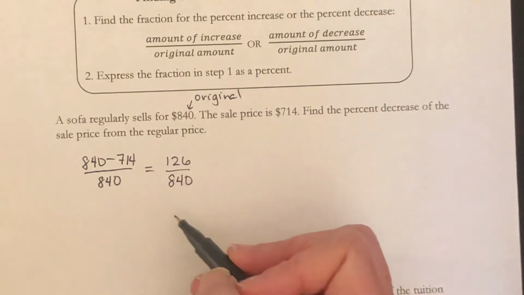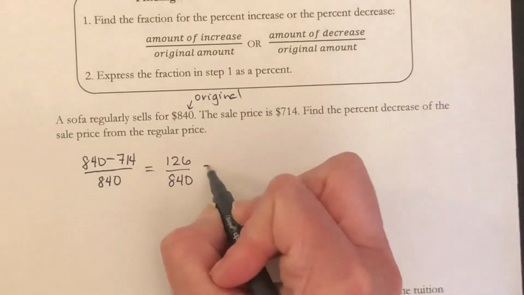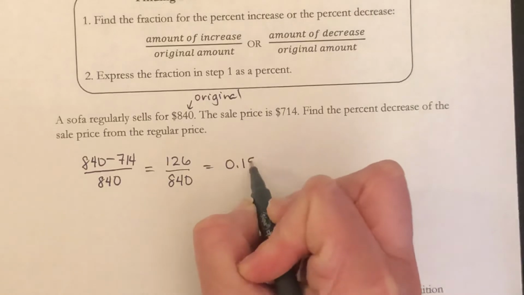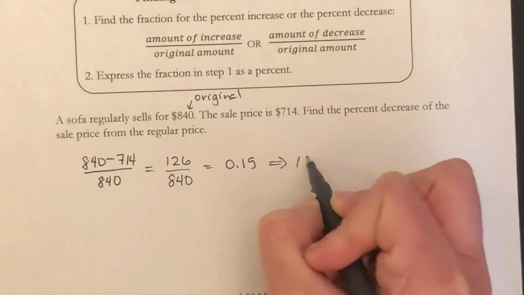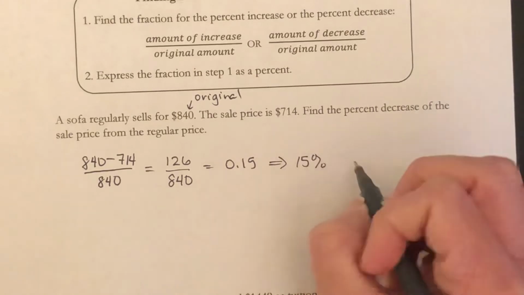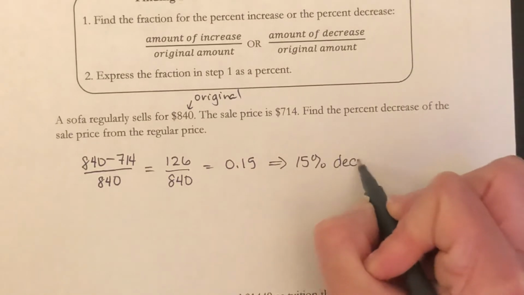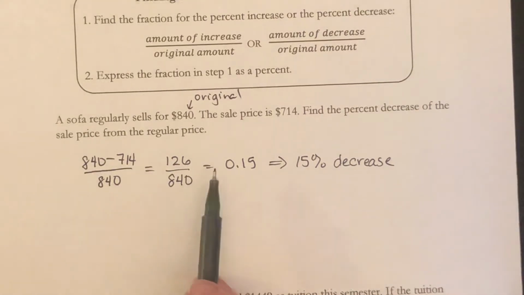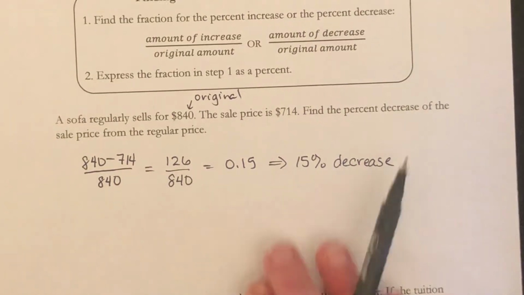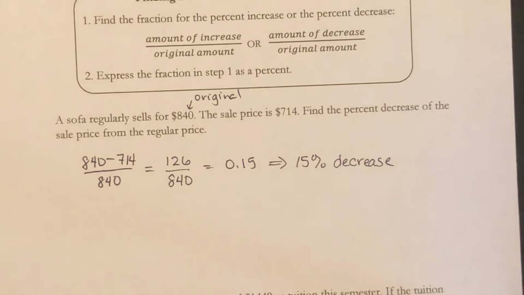If you do this division, 126 divided by 840, you get 0.15, which when we convert it to a percentage is 15%, and this is a decrease. So basically, if it was on sale at 15% off, that's what we've just figured out. It's just that on the previous problems, we were given the percentage of the discount, and this time that's the piece that we're missing.